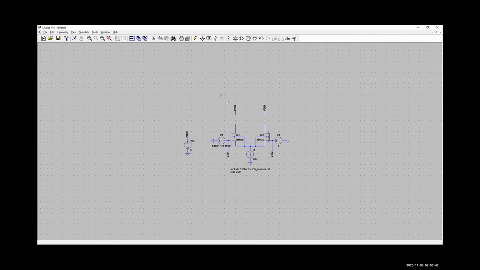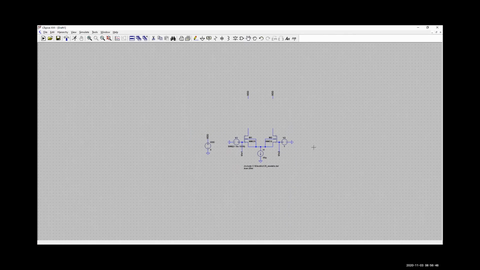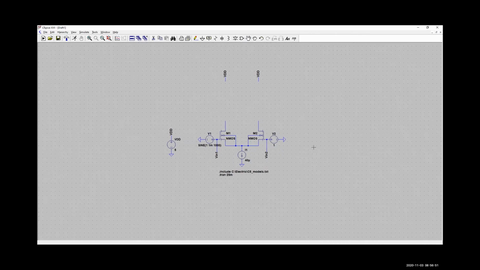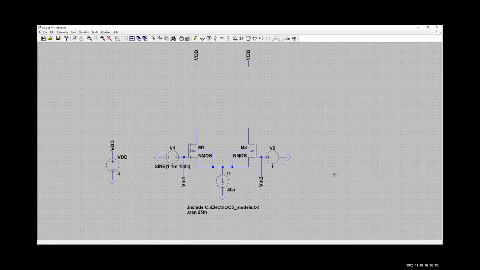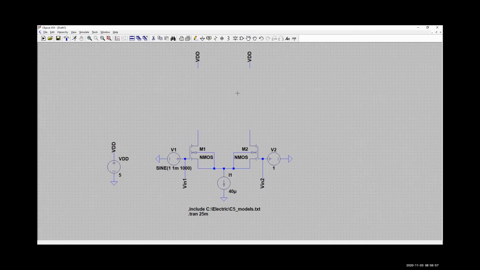Let me move these up here for now, out of the way. I'm going to put some PMOS transistors in.